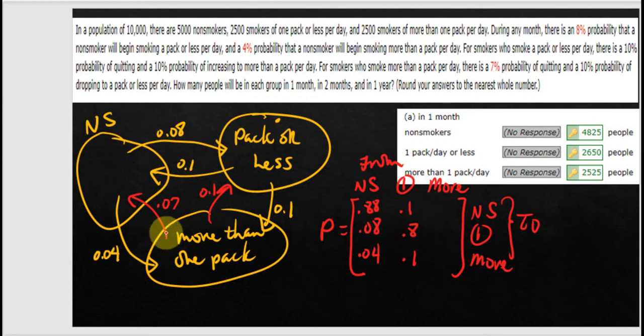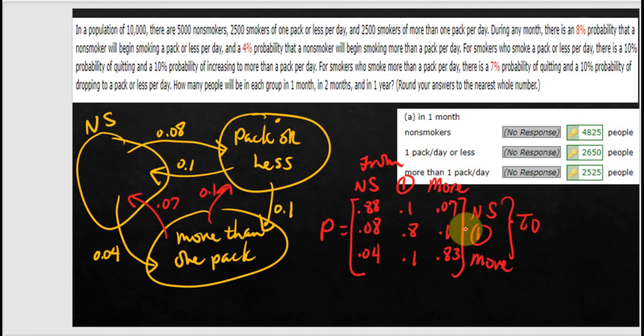Now for more than one pack, when he goes to a pack or less, that's 0.1. And then when he goes to the non-smokers, that's the 0.07. Okay. Now we add these two numbers, 0.17. Take that from 1, we get 0.83. Okay.